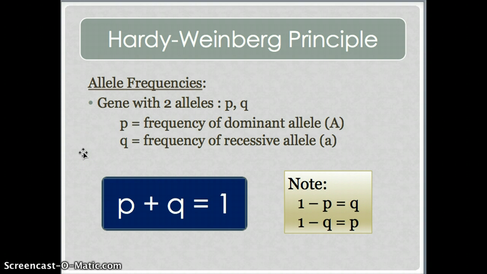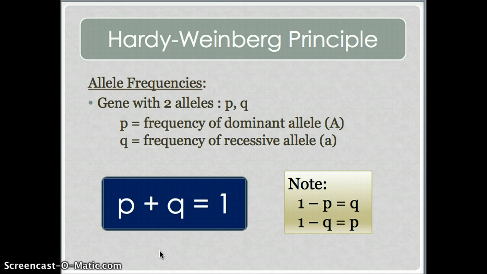Because it's equilibrium, we will have a mathematical equation: p + q = 1. So the frequency of the dominant allele plus the frequency of the recessive allele would equal 1.